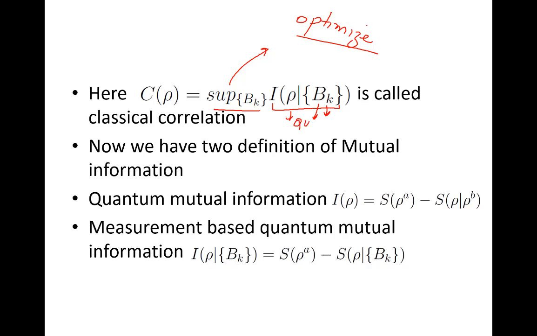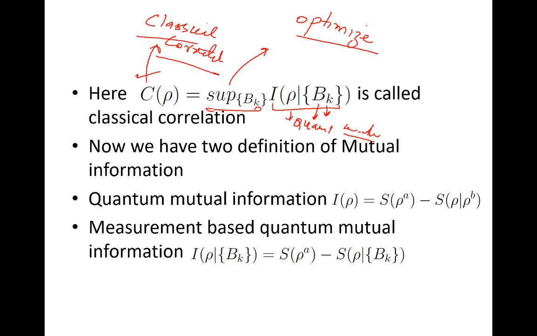This is quantum mutual information, and if you take it based on one-dimensional projectors, von Neumann measurement operators, then you have to ensure that you have made all possible measurements in that dimension. So if you supremize or optimize your quantum mutual information, then this is called classical correlation.